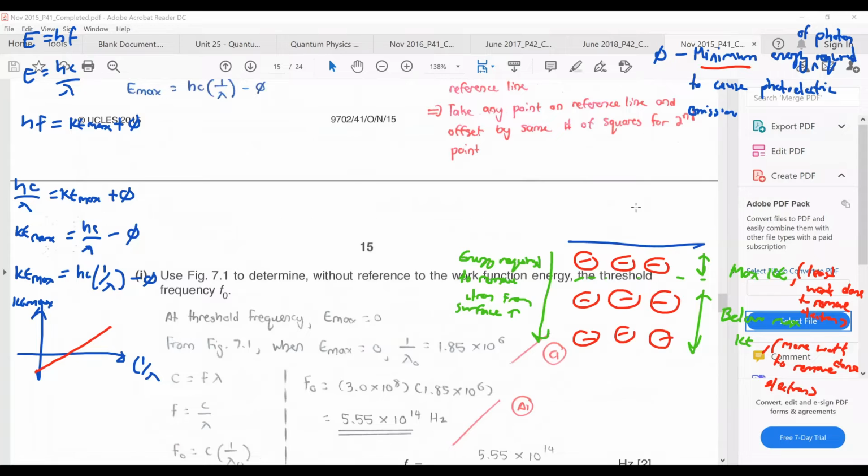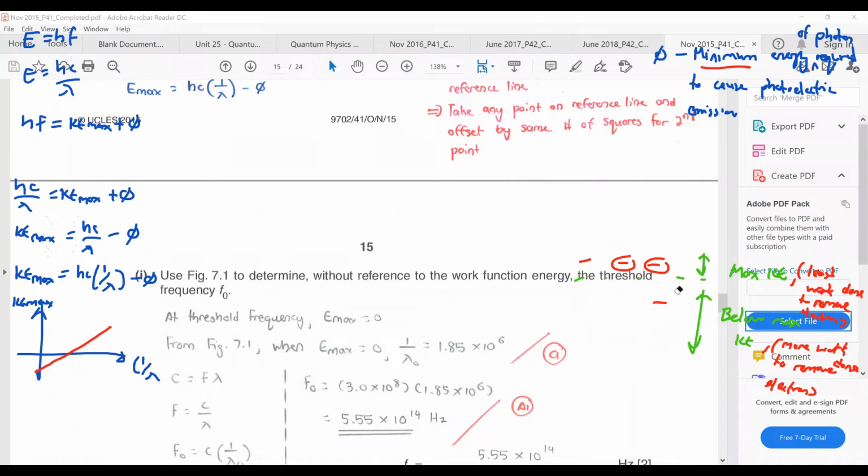Now they tell you, without reference to the work function energy, find out the threshold frequency f naught. Without reference to the work function energy means they don't want you to find it from hf naught equals phi.